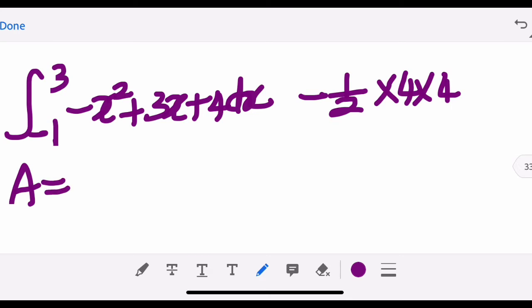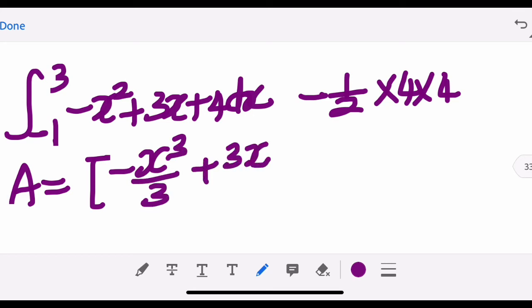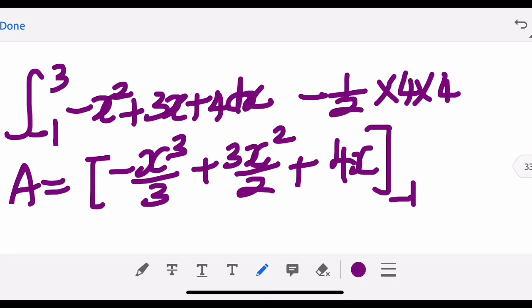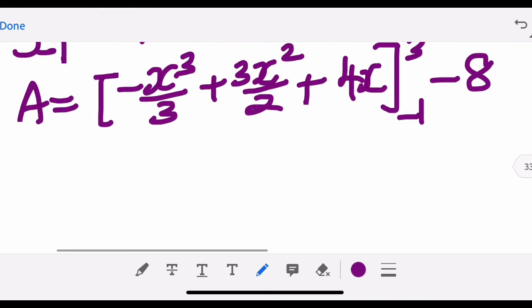So just integrate: -x cubed over 3, plus 3x squared over 2, plus 4x. Then you substitute the limit from -1 to 3 and minus the 8. Then you simplify to the simplest form.